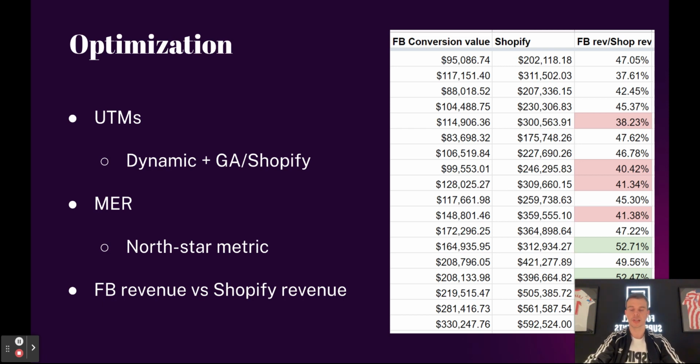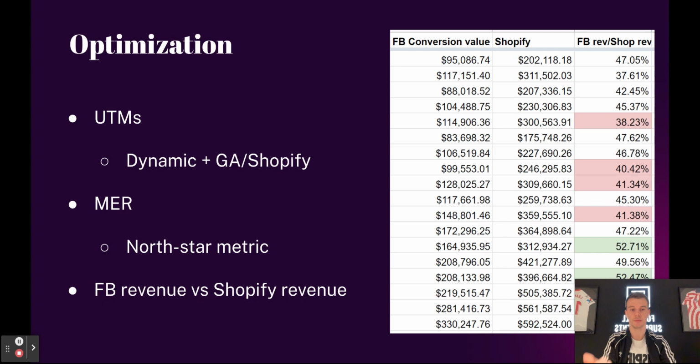Besides that, we are comparing our Facebook revenue to Shopify revenue on a daily basis. I know that for this store, my average is around 45. On a daily basis, I can see there are some days with like 38, 40, and some days above 50. Then I can see, okay, today my revenue is higher on Facebook than usual.